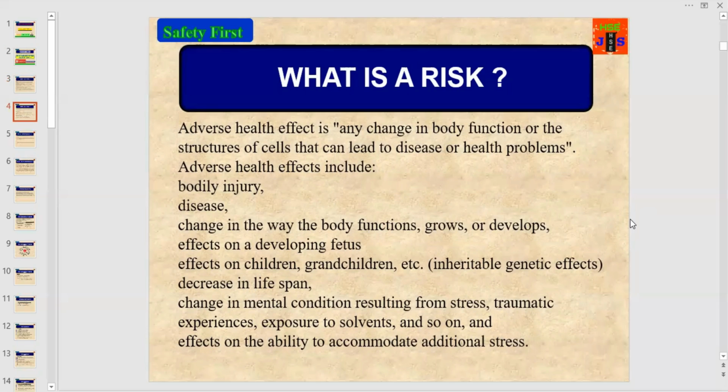Adverse health effect is any change in body function or the structures of cells that can lead to a disease or health problems.